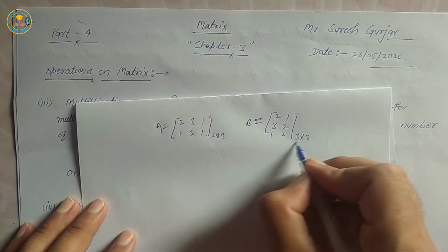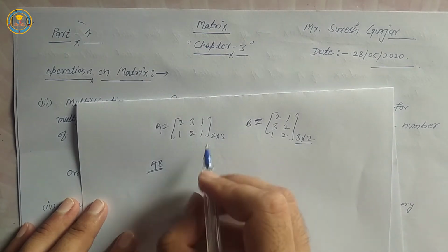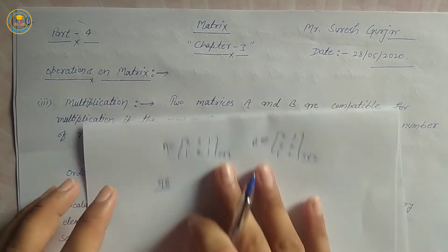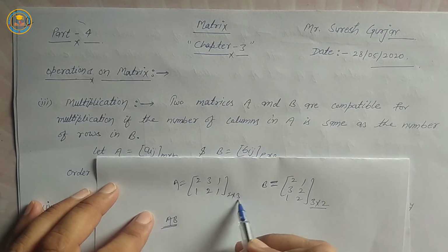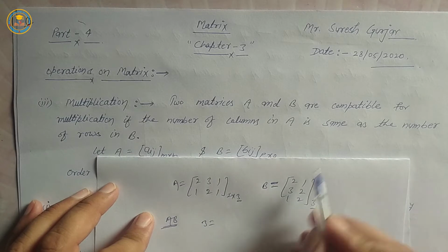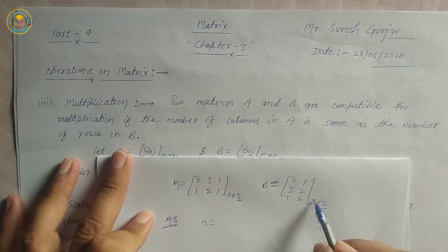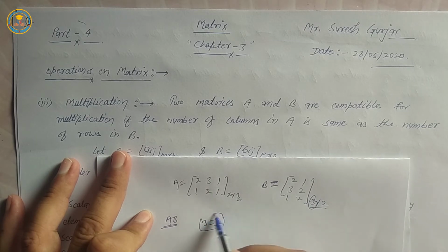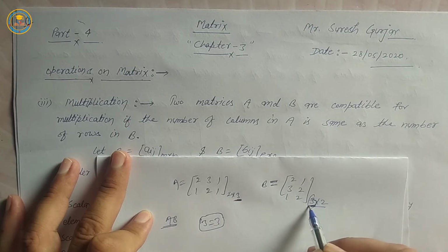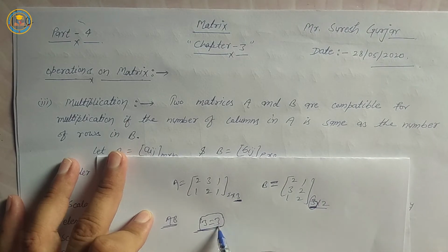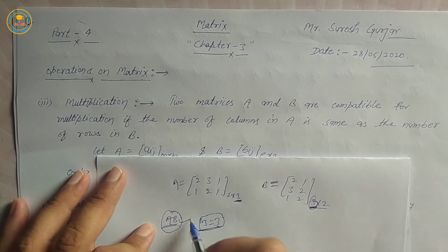For A into B, the number of columns in matrix A, 3, is the same as the number of rows in matrix B, 3. It means 3 is equal to 3. Columns and rows are equal, so the product of A and B is possible.